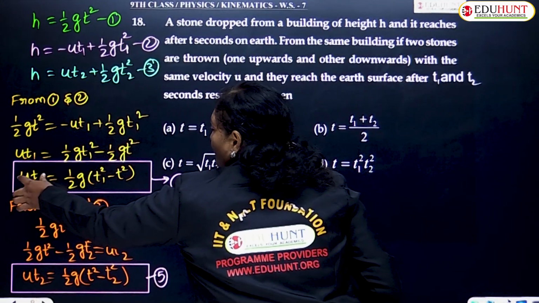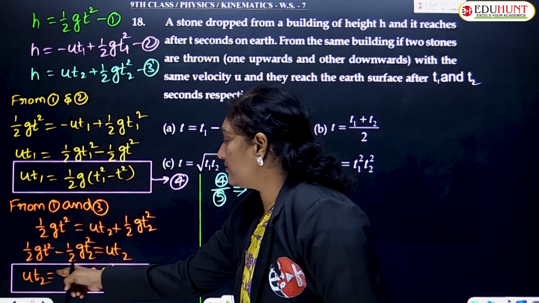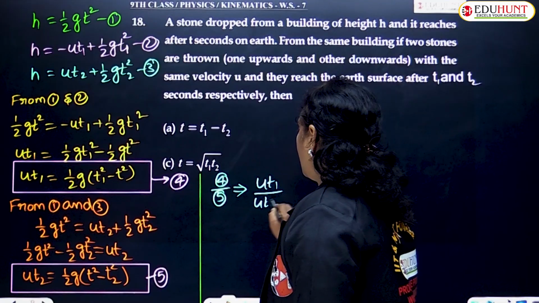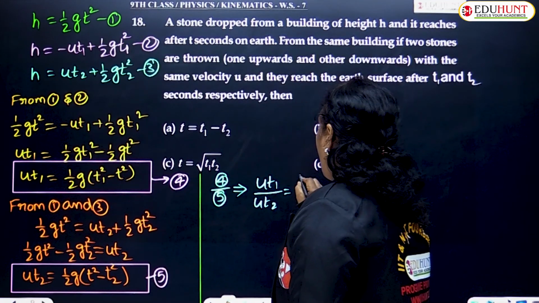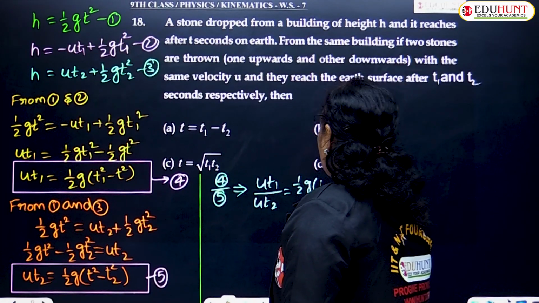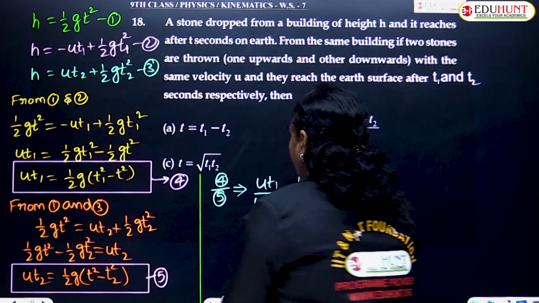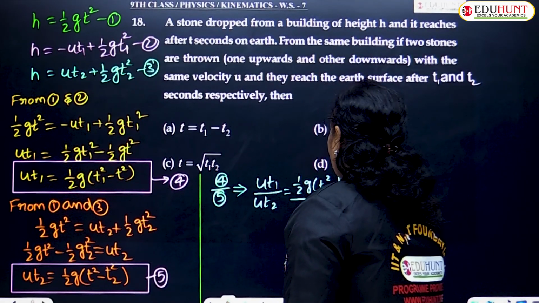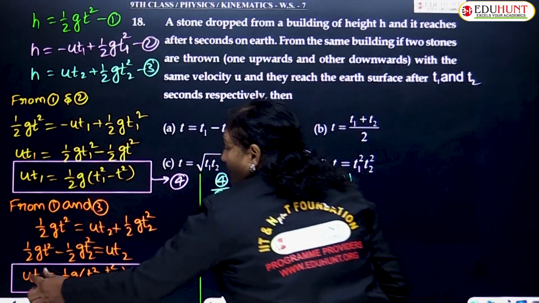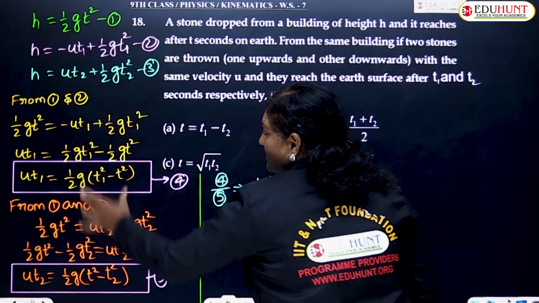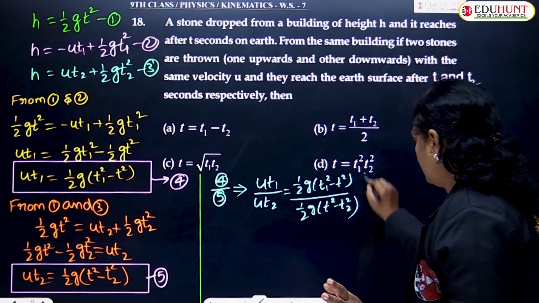The left hand side of equation 4 is ut1, upon the left hand side of the fifth equation, ut2, equals, on the right hand side, half g (t1 square minus t square) upon half g (t square minus t2 square). Is that clear, children? That's it.